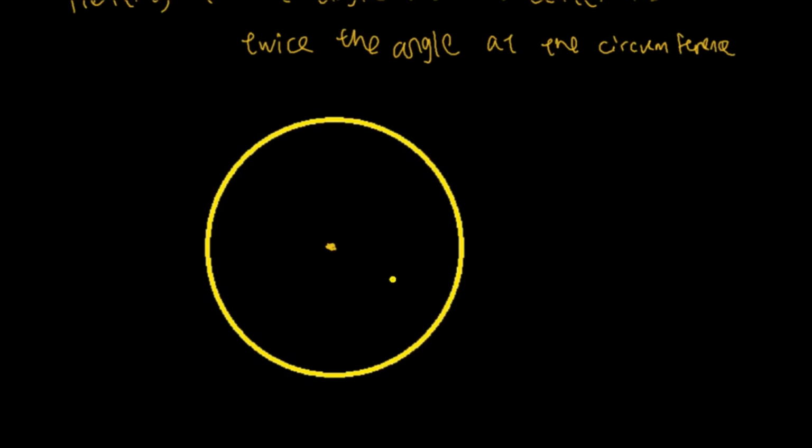So I'm going to draw lines here. Let me draw in green. From here, I will extend a line here. I will do the same thing, knowing that these two lines are the radius of this circle.